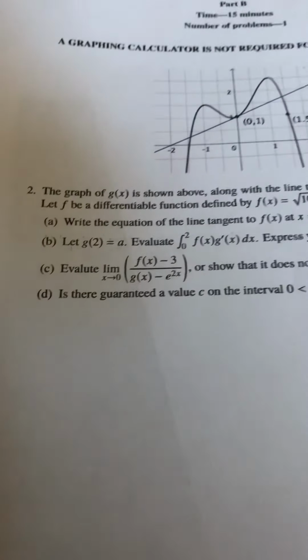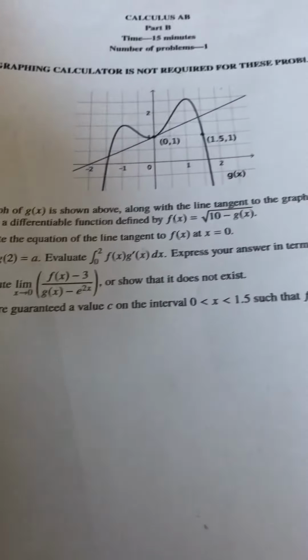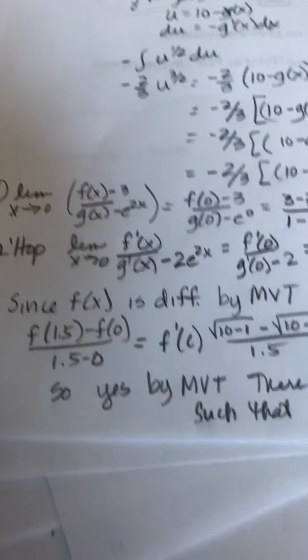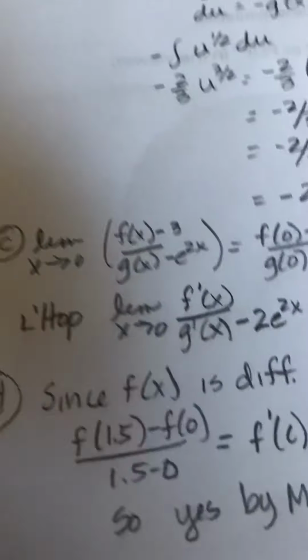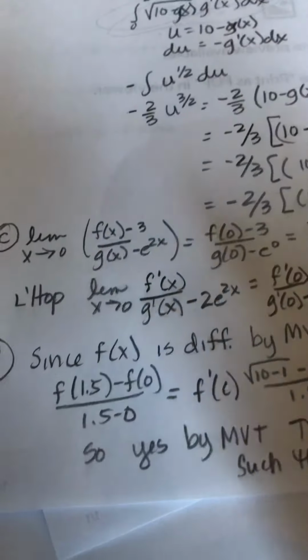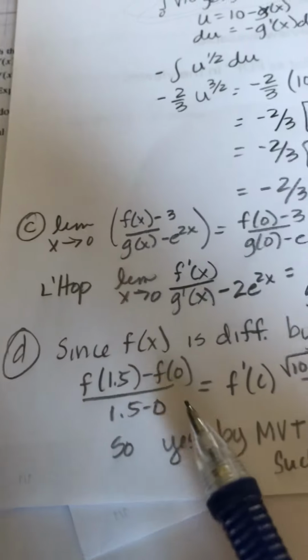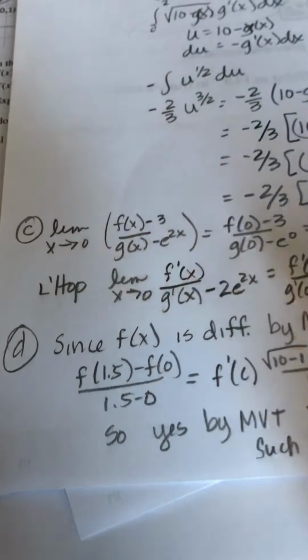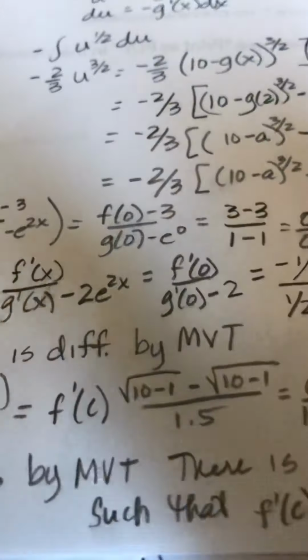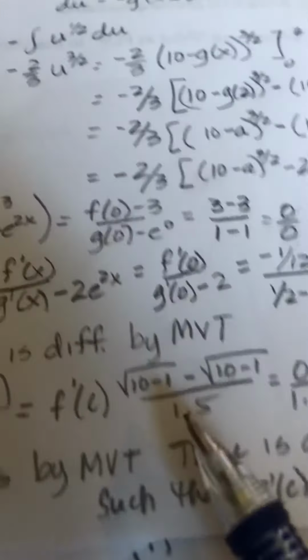The last part, again, guaranteed a value c on the interval such that f prime of c equals 0. Well, since they tell us that f is differentiable, by mean value theorem, we could do f of 1.5 minus f of 0 over 1.5 minus 0 is going to give us f prime of c. Well, let's see what happens when we sub in.